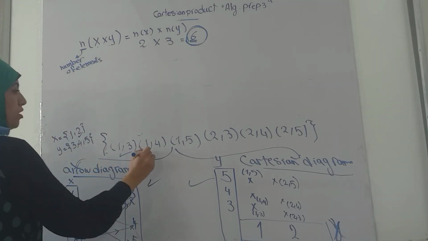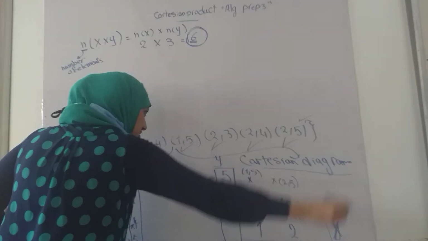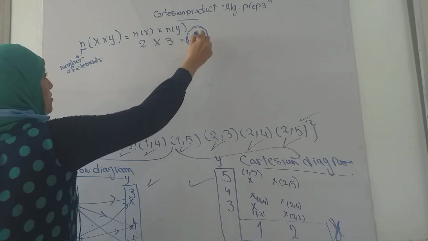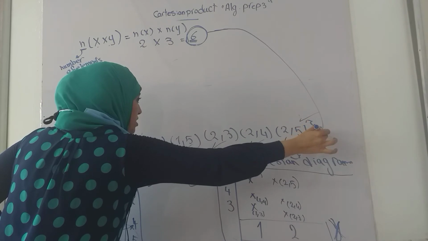Let's count: 1, 2, 3, 4, 5, 6. Yes, it's true. So this rule can make me sure that my answer is true.